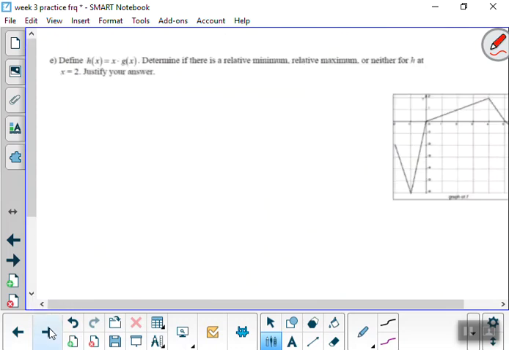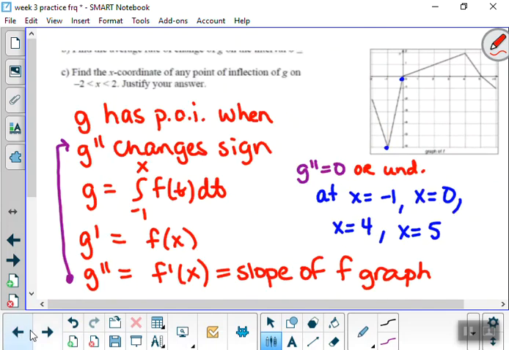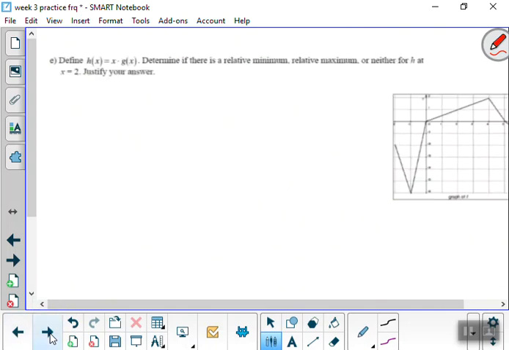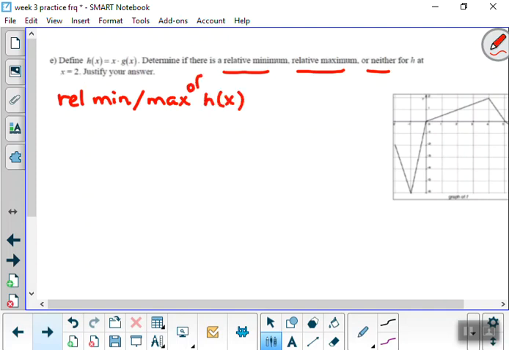All right. And then part E. This is the part we did in class, but I will run it one more time. Relative min, relative max, or neither. All right. So, relative min or max of h of x.